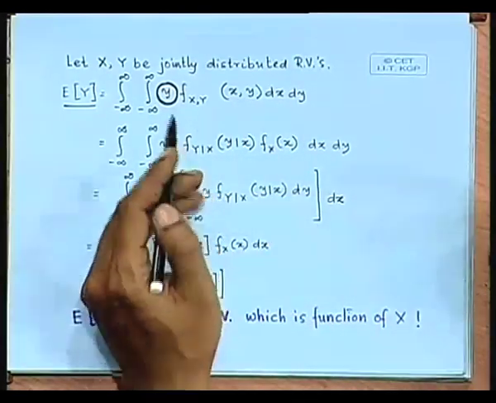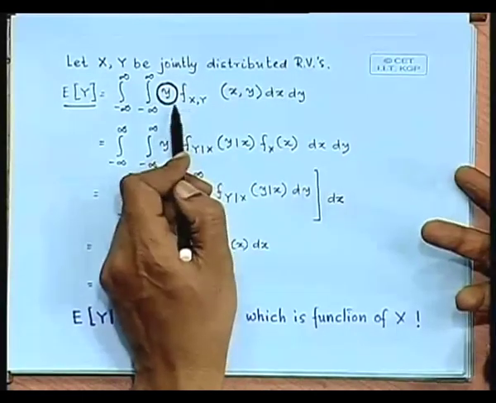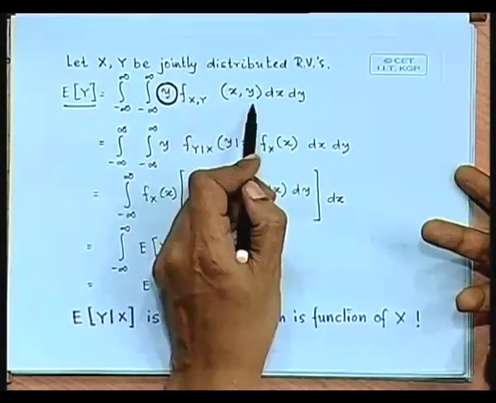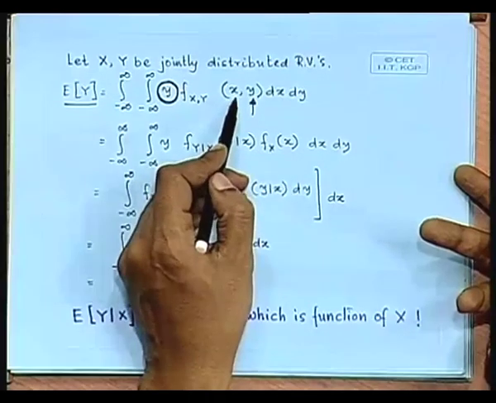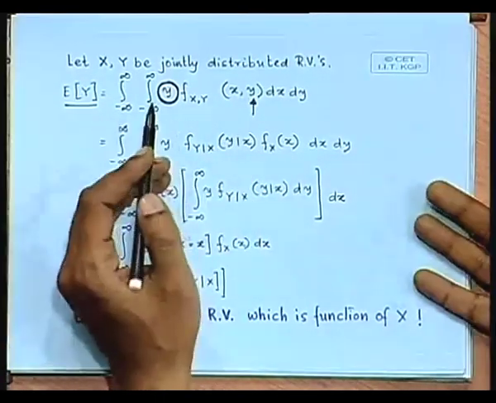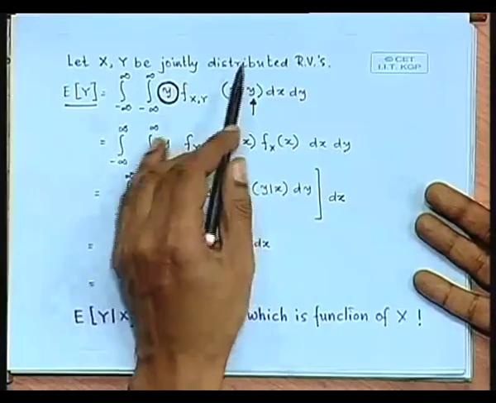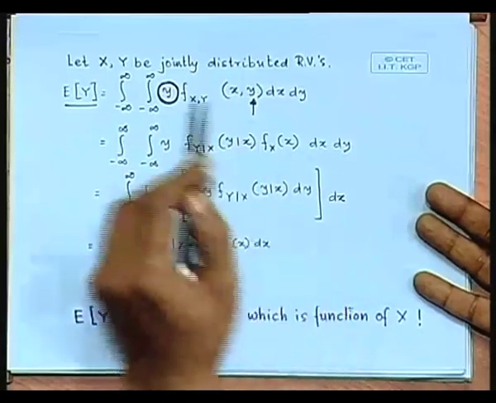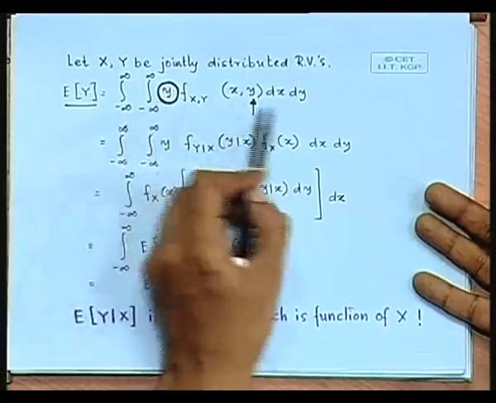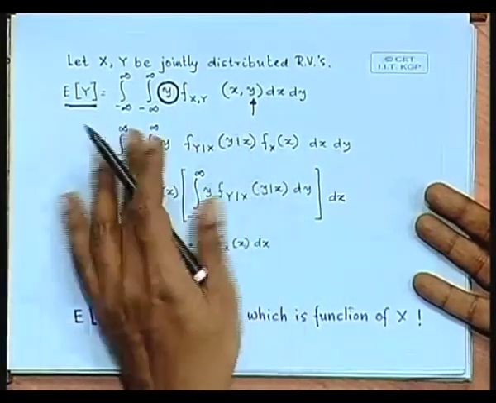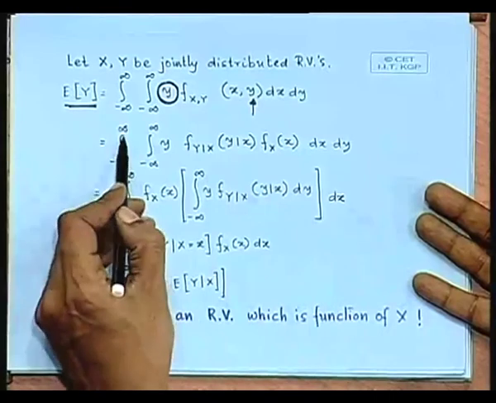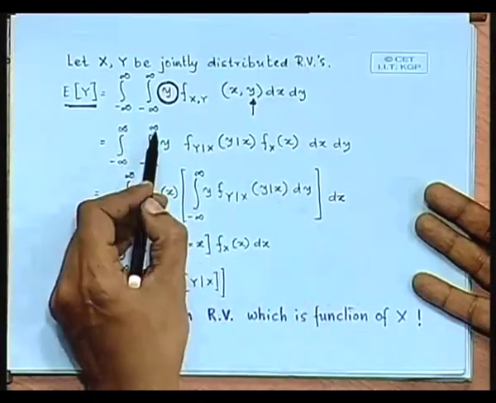So, this is the probability that you will get a value y here. Now, here x is a free variable, right. So, you first integrate it for all possible x, and then you integrate it for all possible y, then you will get the expectation of y. Now let us try to rearrange the integral. We are writing minus infinity to plus infinity, minus infinity to plus infinity.